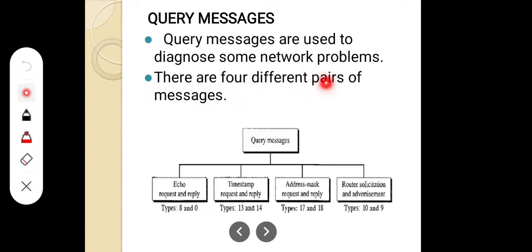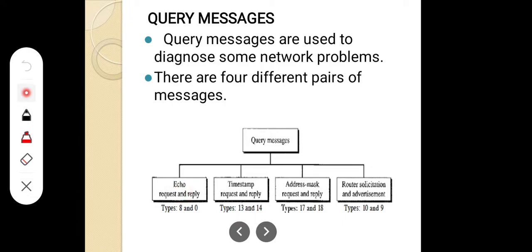There are four different pairs of messages. Echo request and reply message is one type of query message. Then timestamp request and reply message, then address mask request and reply, then router solicitation and advertisement. These are the four different types of message. Echo request and reply is the example I just told, that is pinging.